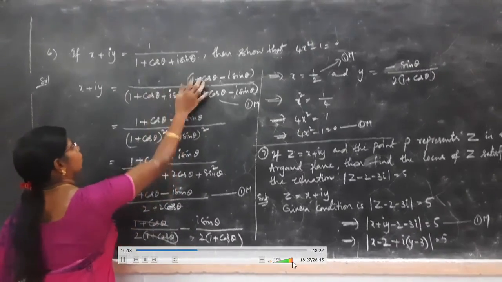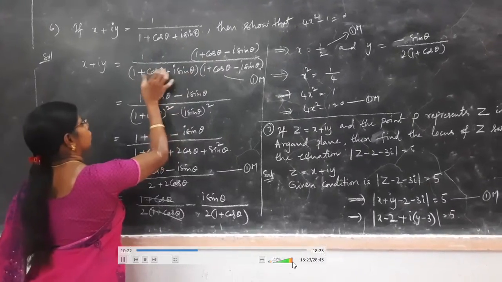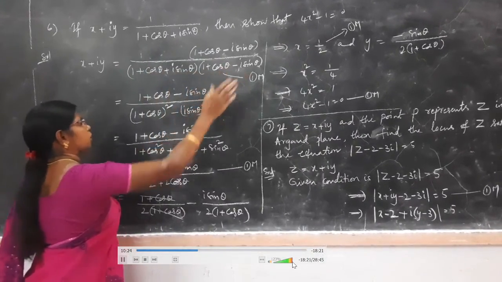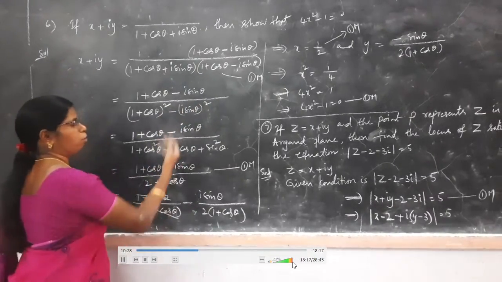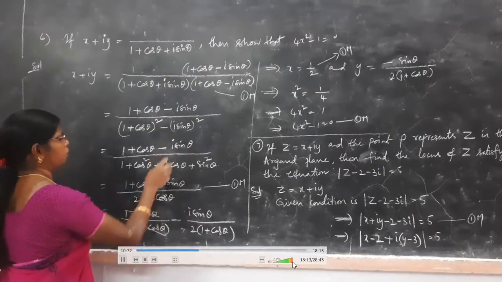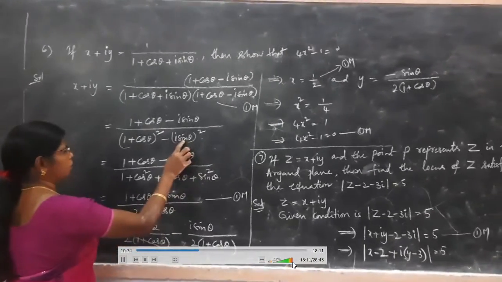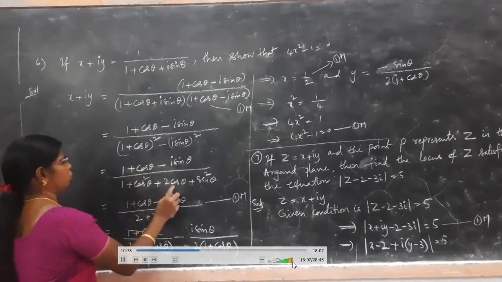So in the numerator this is there, and now this is x plus y into x minus y, that is x square minus y square, formula applied. And now here i square is minus 1, minus into minus becomes plus here, plus sin square theta. So this is a plus b whole square, I expanded.